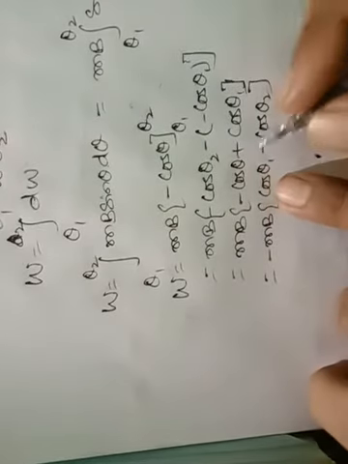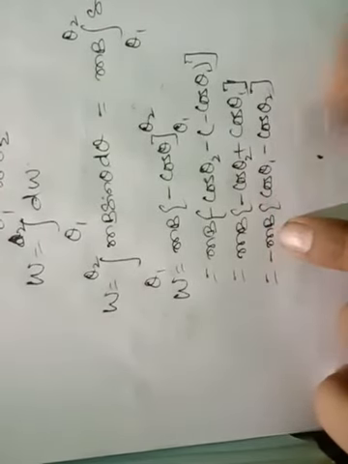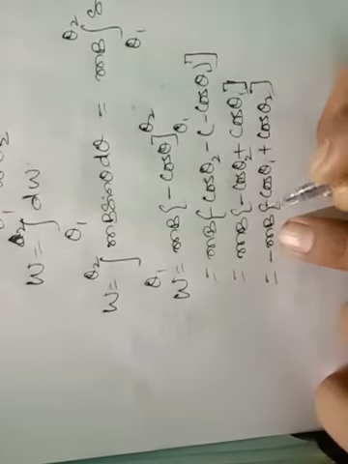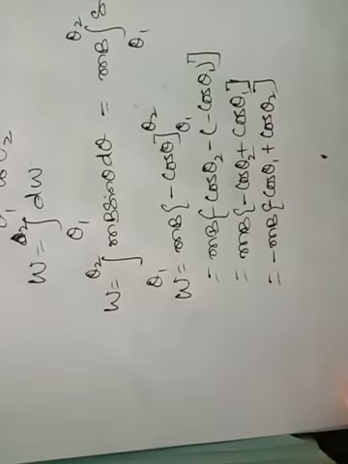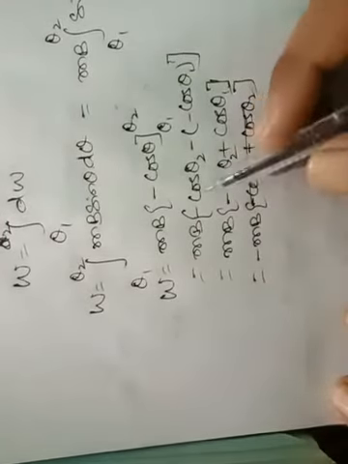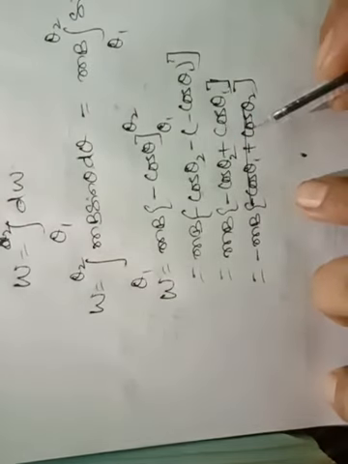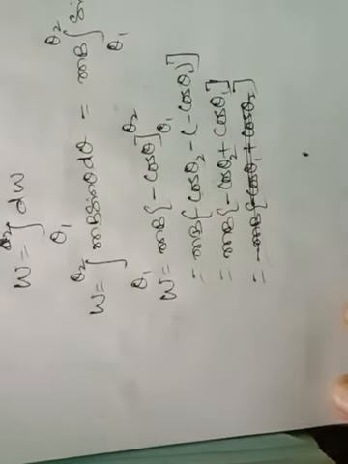If we take the minus sign common, cos theta 2 will become plus and cos theta 1 will be minus. Okay, we'll keep it like this only.